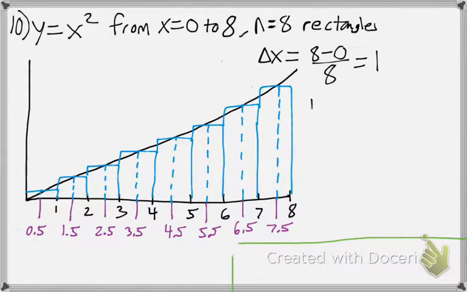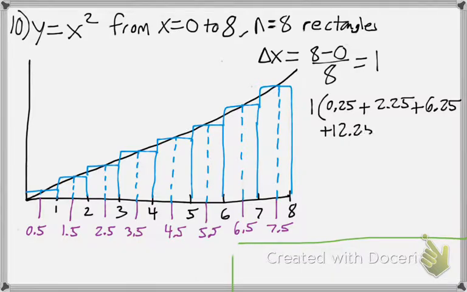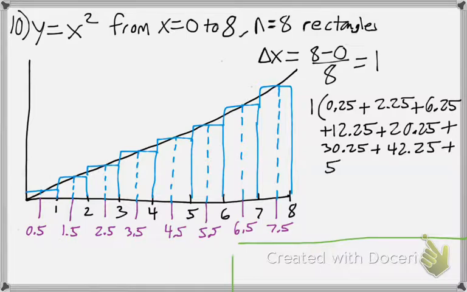So all of my widths are 1, so it's going to be 1 times 0.5 squared is 0.25, plus 1.5 squared is 2.25, plus 6.25, plus 12.25, 20.25, 30.25, 42.25, and 56.25. And if we add all these up, then we get 170.